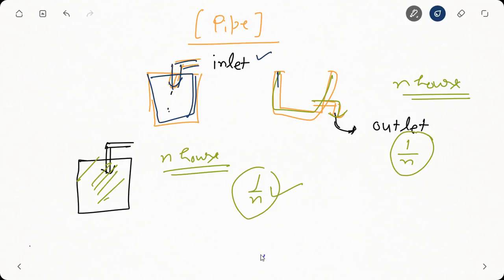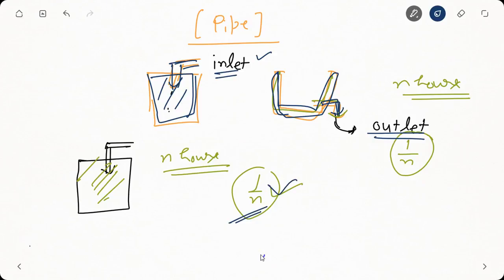Similarly, if there is any pipe which is taking water or liquid out of the tank, we'll call that pipe an outlet. If there is an inlet which fills the whole tank in n hours, then the work done by that inlet in 1 hour would be 1 by n, right?